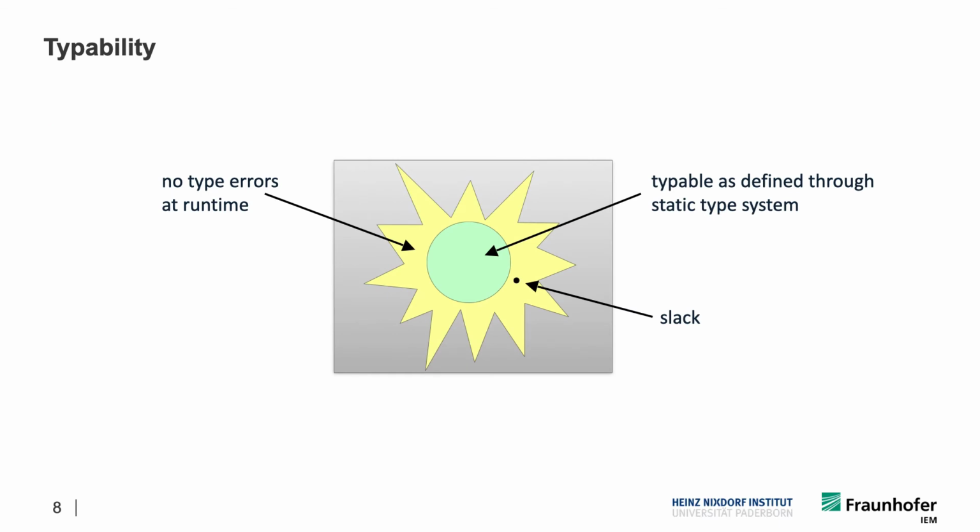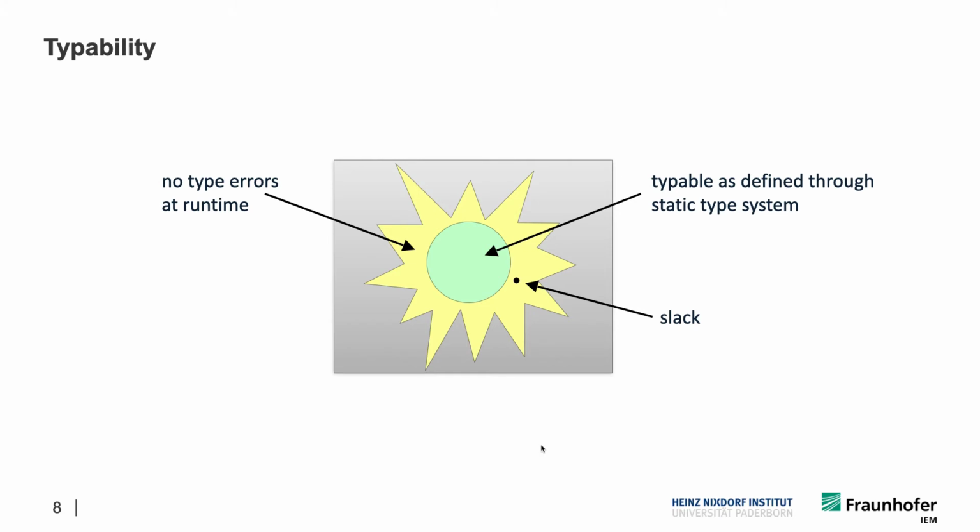Okay, just to make sure that we are all on the same page, let's take a look at this graphic here. Let's assume that what's depicted by this yellow star-like structure are all the programs that are actually correctly executing in terms of their types at runtime. So they will not show any runtime type errors when you execute them.